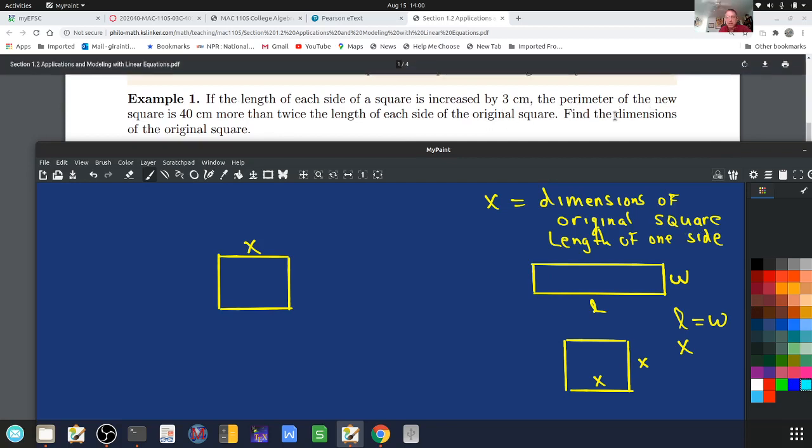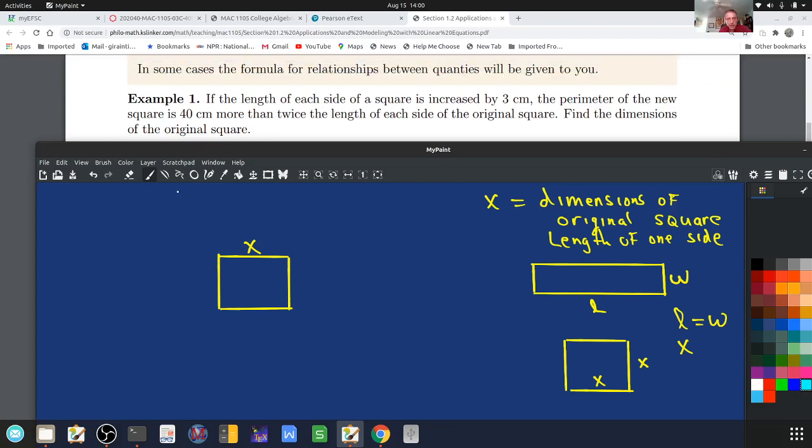But what I'm going to do is create another square. So if the length of each side of the square is increased by 3 centimeters, I'm going to draw another square, with that one kind of dead in the center.